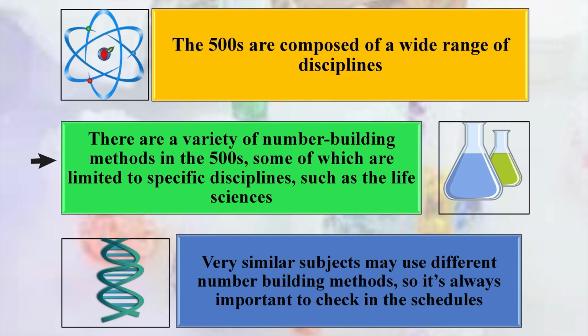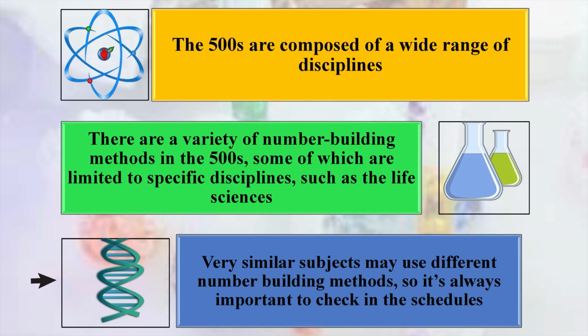So we have to move from one class to another to build the number. In biology or life science, you will get such kind of references. In chemistry also, there are so many examples of this particular phenomenon. And finally, you can find that very similar subjects may use different number building methods.